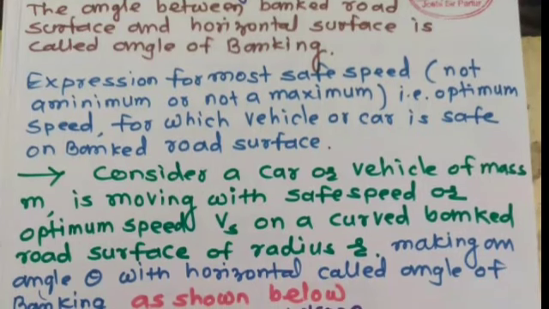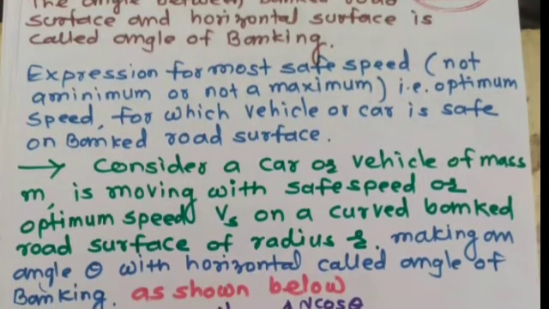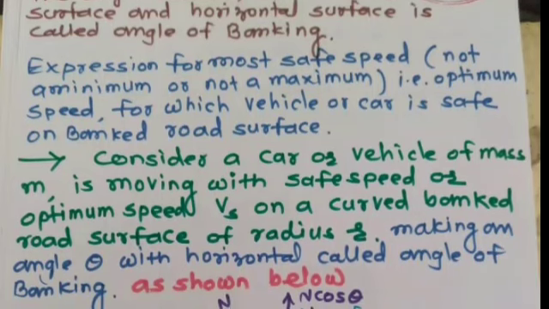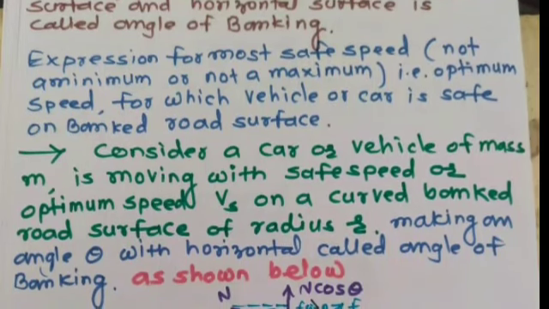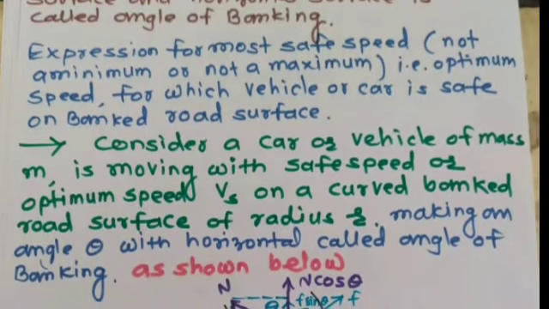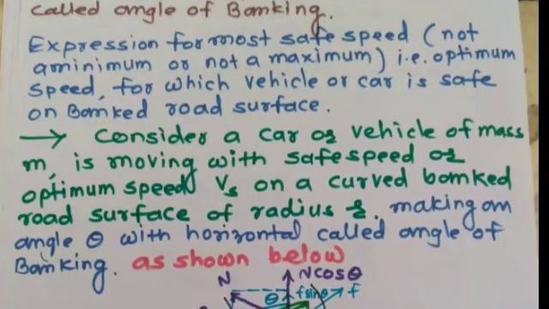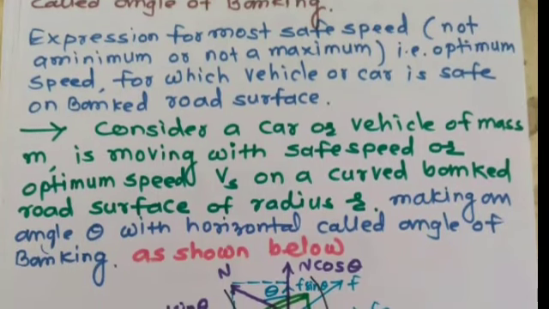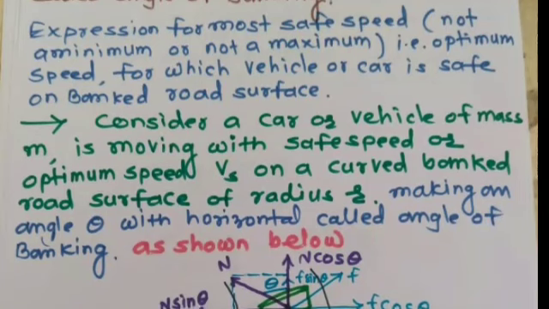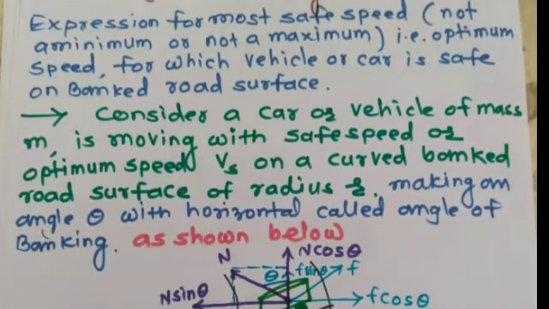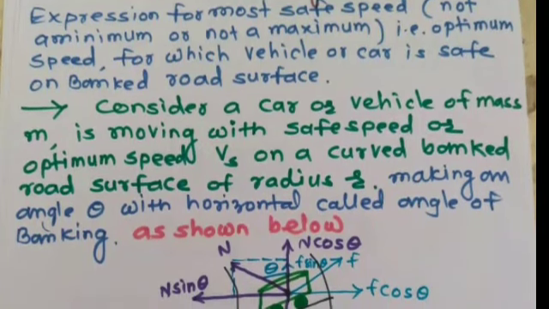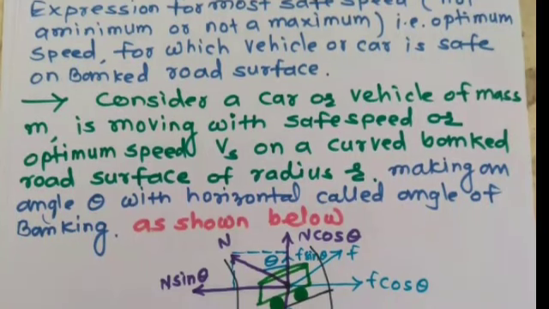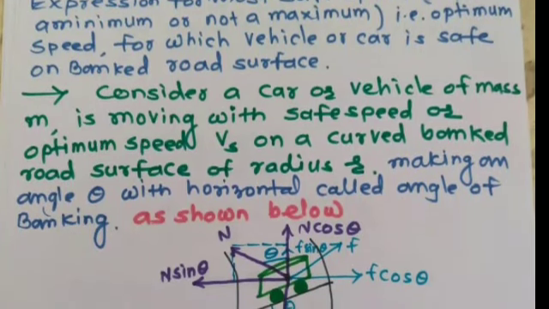We see an expression for most safe speed, means not a minimum or not a maximum, that is optimum speed, for which a vehicle or car is safe on a banked curved road surface horizontally.